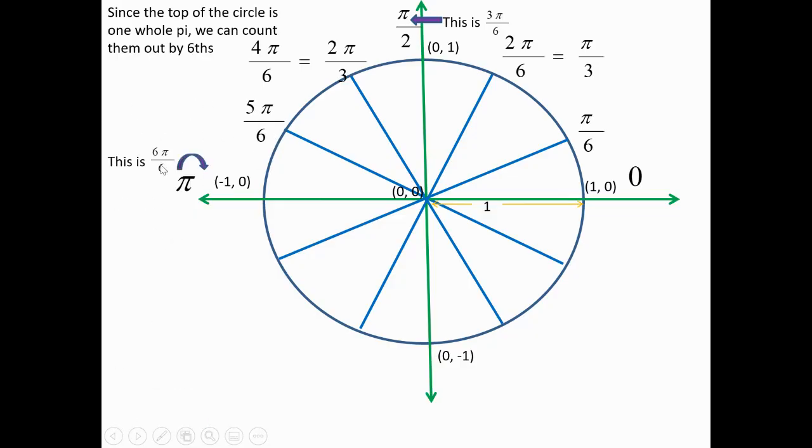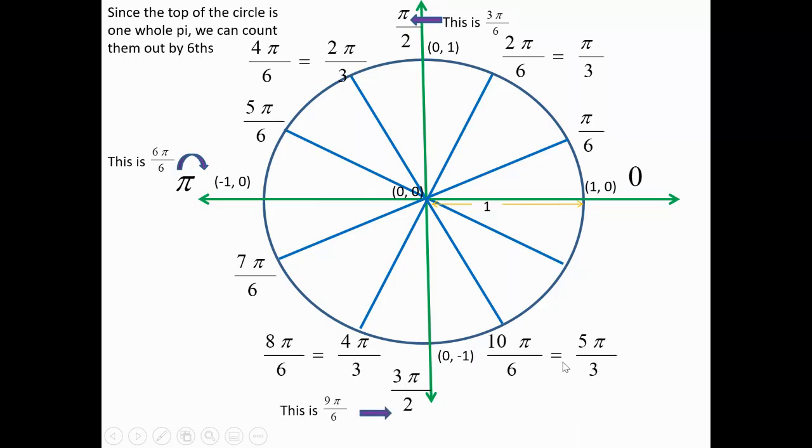You already have 6/6 labeled because that reduces to pi. After 6/6 is 7/6. 8/6 reduced. 9/6 is already labeled. 10/6 reduces. 11/6, and then finally 12/6 or 2 pi. So this is how we get all the radians. Why is it cut into fourths and sixths? We'll talk about later, but this helps you label the whole circle.